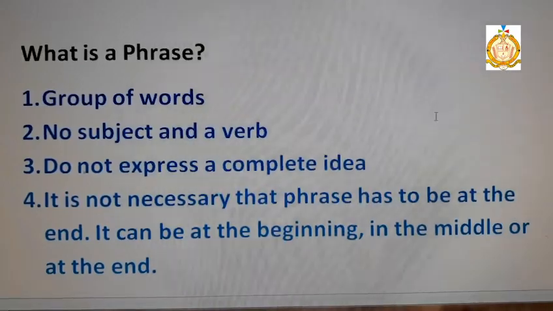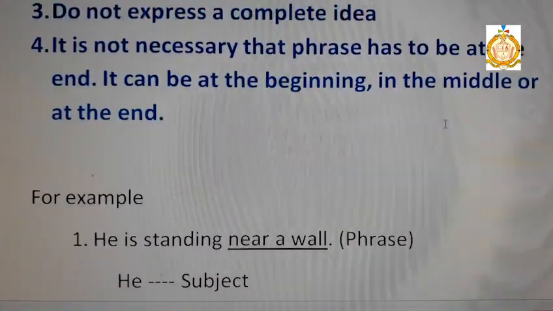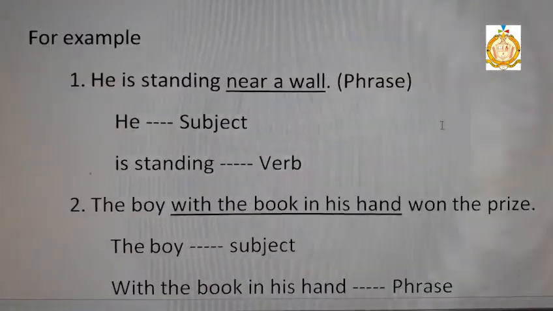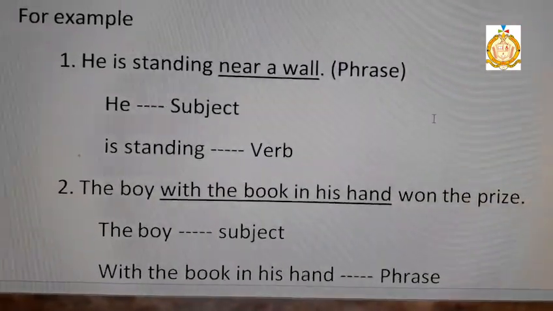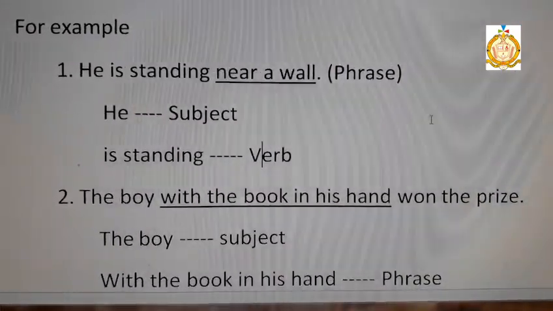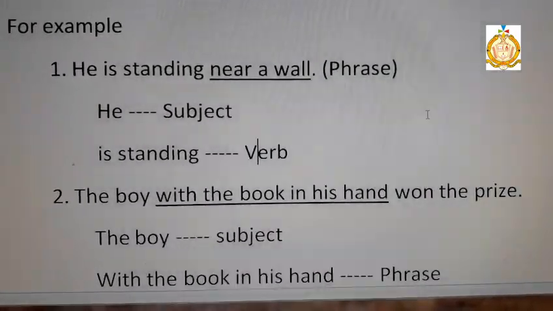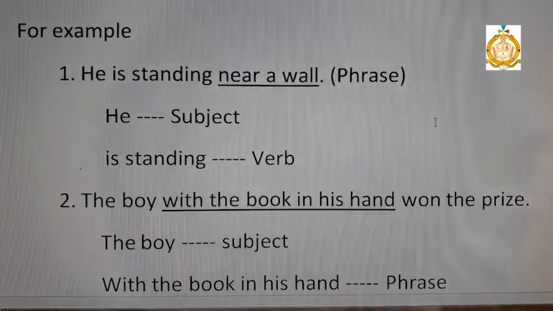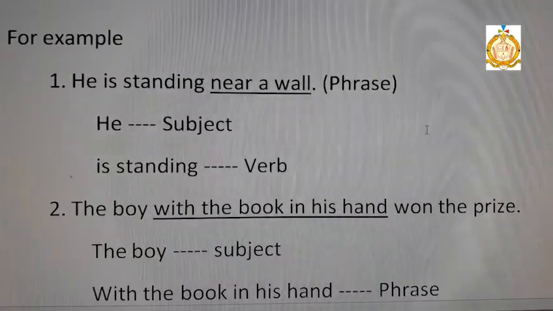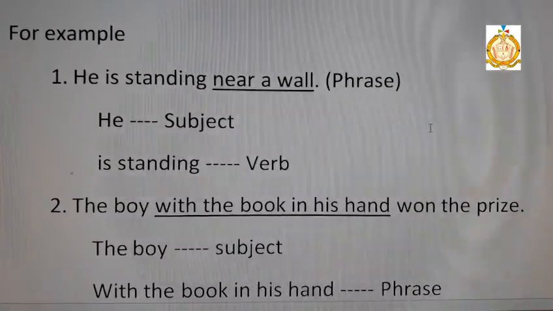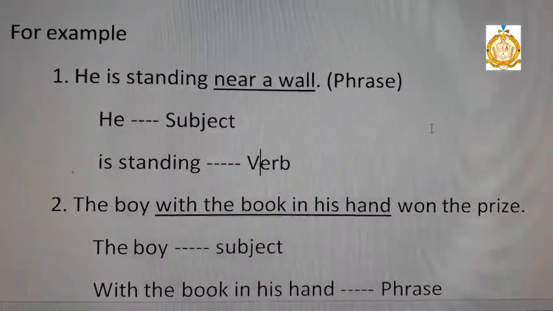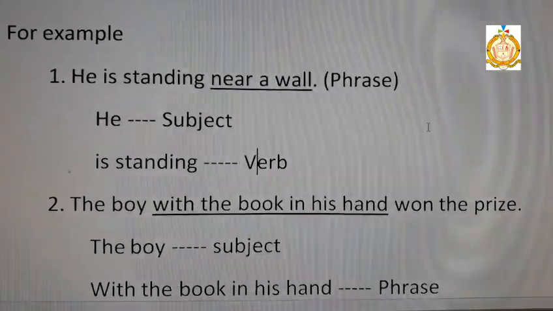Now we go with some examples. The first example: he is standing near a wall. In the last class we have learned a phrase is a group of words and also it is a part of a sentence.